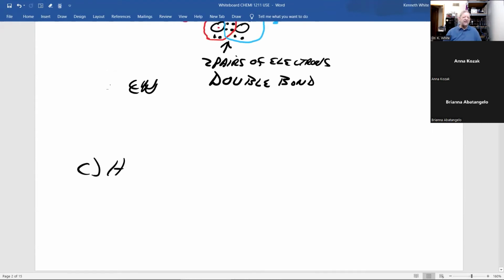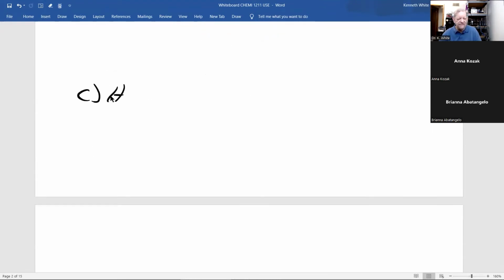Same question. Draw the Lewis structure for hydrogen cyanide. We have 1 hydrogen, 1 carbon, 1 nitrogen. We've already looked up hydrogen has 1 valence electron. We've already done nitrogen, 5 valence electrons.